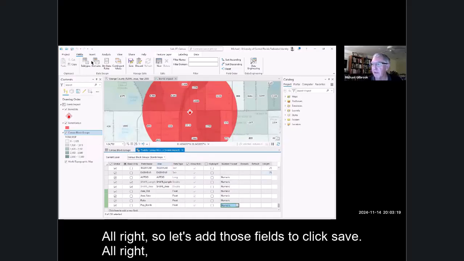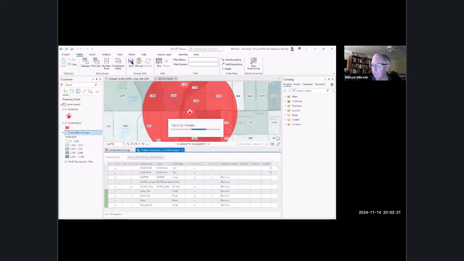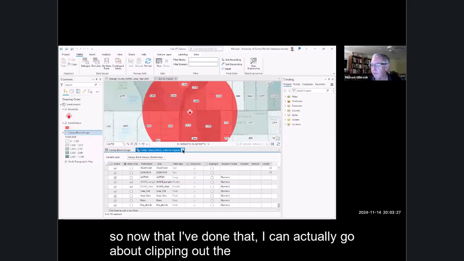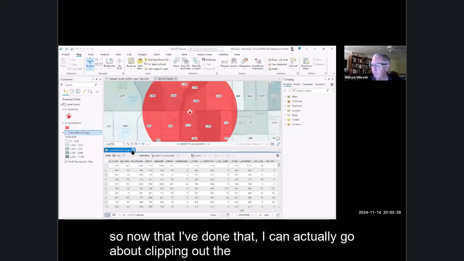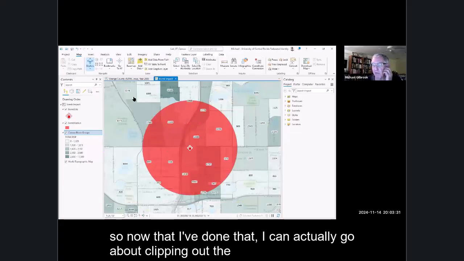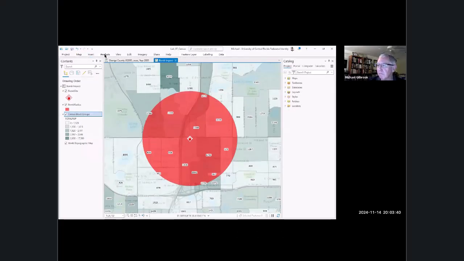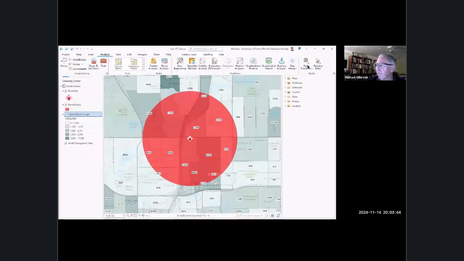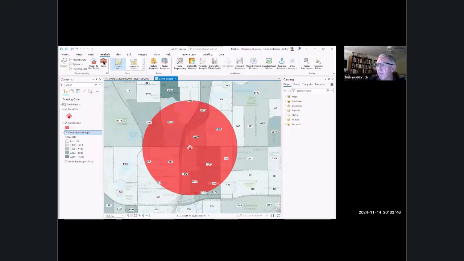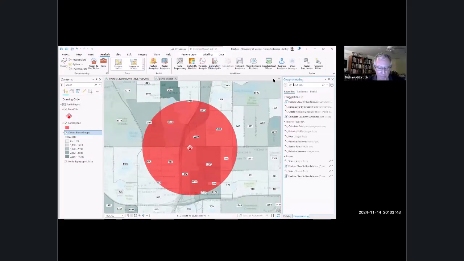All right, so let's add those fields and click Save. Now that I've done that, I can actually go about clipping the census block groups by this bomb impact area. So let me do that. Analysis, Tools, Clip.